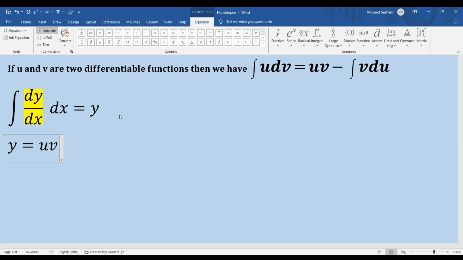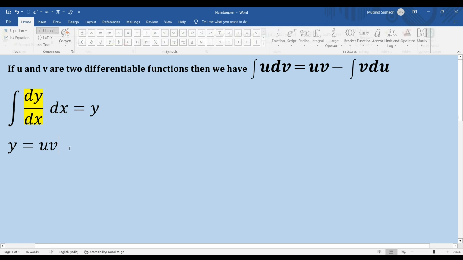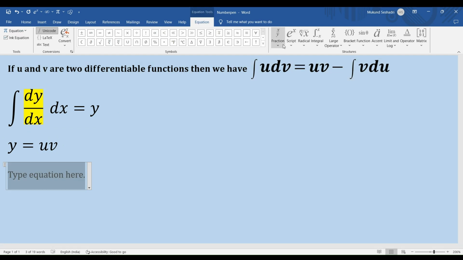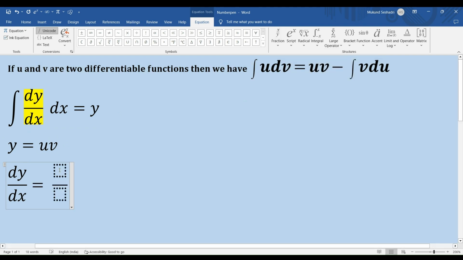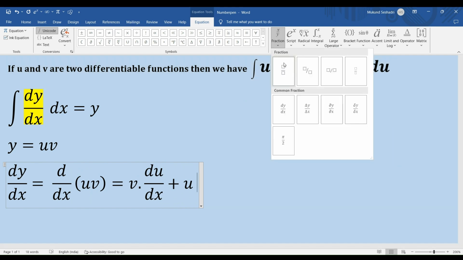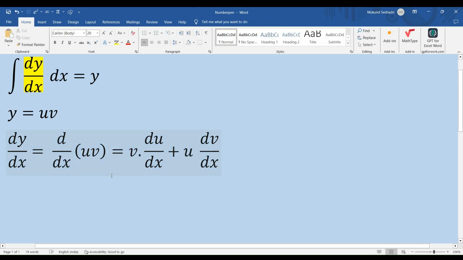Now I also know from the product rule of differentiation that when I differentiate this on either side, which means I apply the product rule of differentiation, dy by dx equals d by dx of, now my y is equal to uv, and I want you to recall the product rule of differentiation. This is nothing but v du by dx plus u dv by dx, right? Now we have this, from the product rule of differentiation.